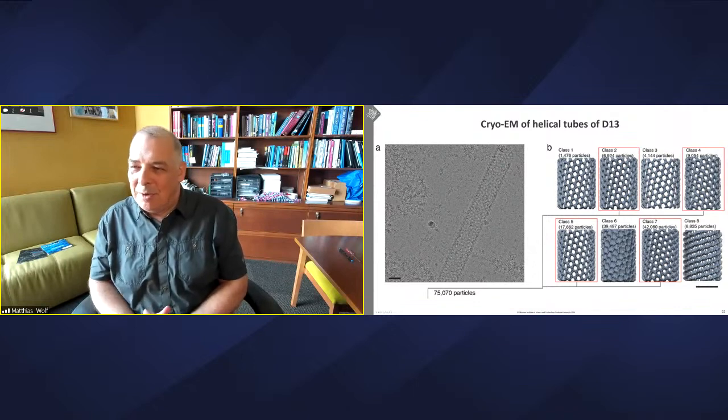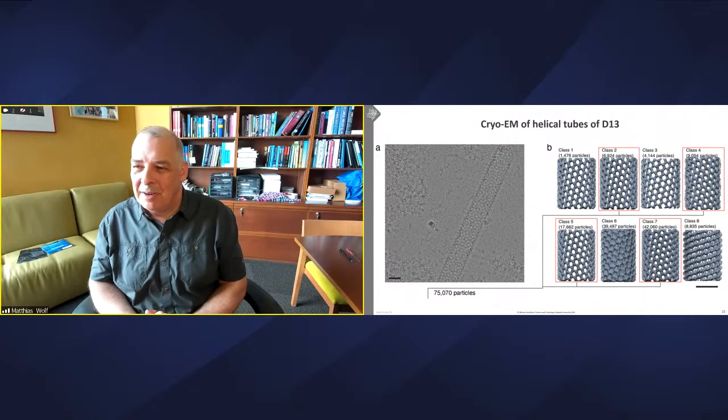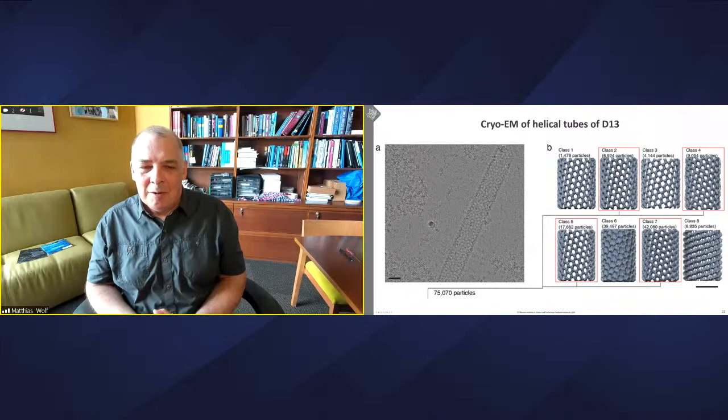But there are some papers out there, and nowadays also a very helpful program called PyHI that allows you to plot the lattice. So we essentially used that and also the local helical refinement built into RELION to get to the refined helical parameters. But the main distinguishing feature was the diameter of the helical tube.